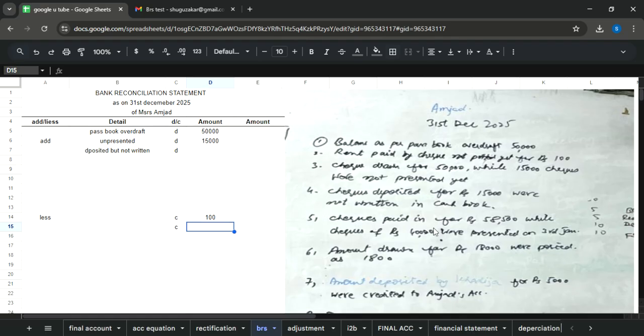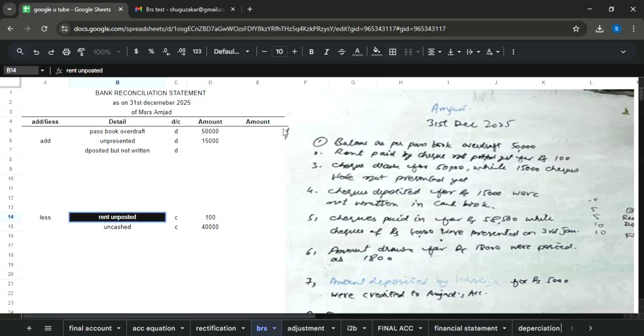The amount is 40,000, which is clearly mentioned, that only checks of 40,000 were cashed on 3rd January. They were uncashed on 31st December. So here you can write uncashed, and the narration of this entry was not written: 100 rupees. This was rent paid, not posted. So you may write rent unposted.